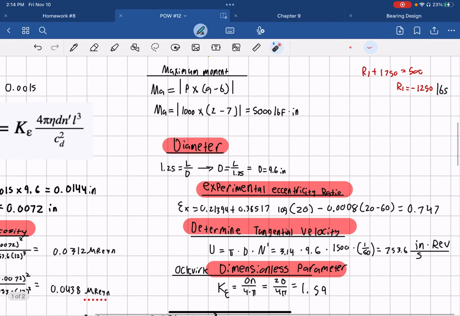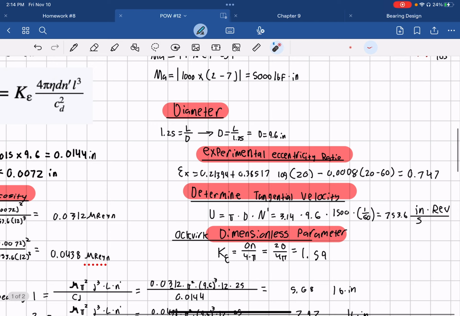Next, we need to find the experimental eccentricity ratio, which is this equation right here. The only thing you need to plug in is your ON value that you were given here, and I get a value of 0.747. Then we determine the tangential velocity right here.